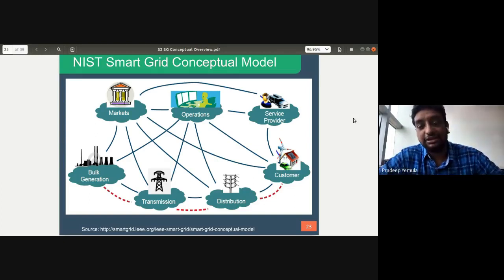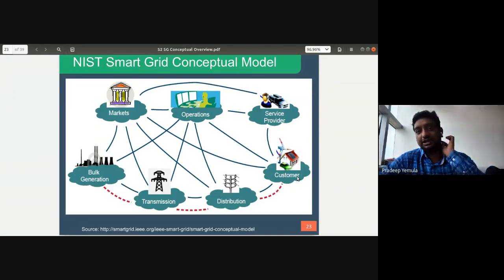Now, the items in the second lower part, you already know. The first one is bulk generation. The next one is transmission. The next one is distribution, and the next one is consumer. So this part you already know.